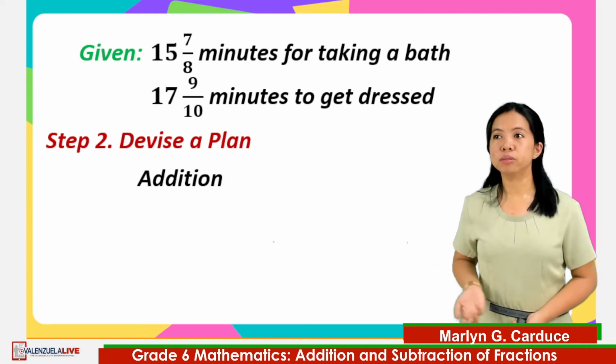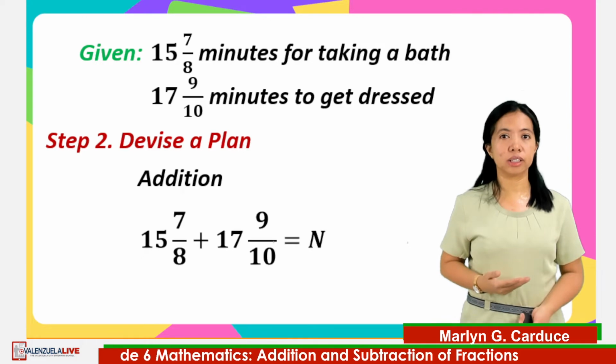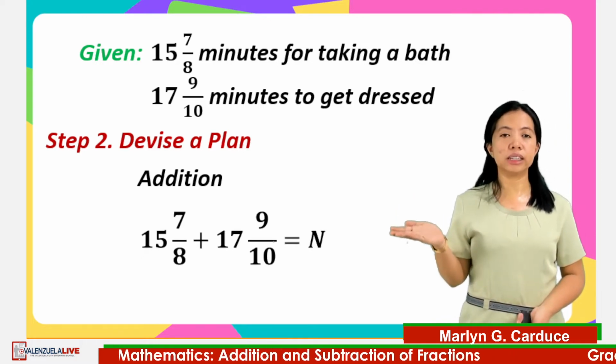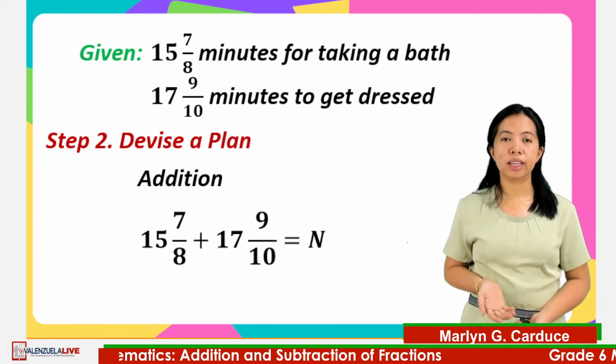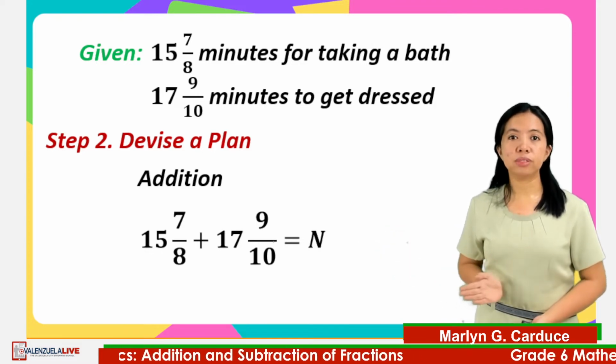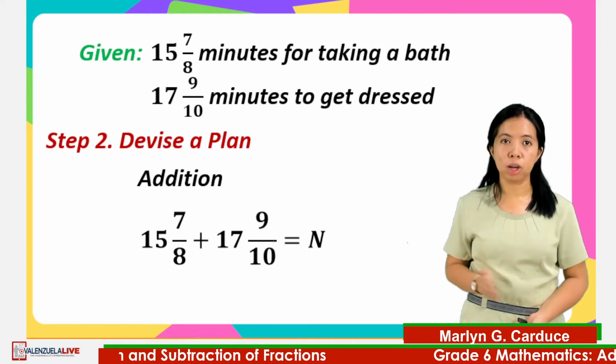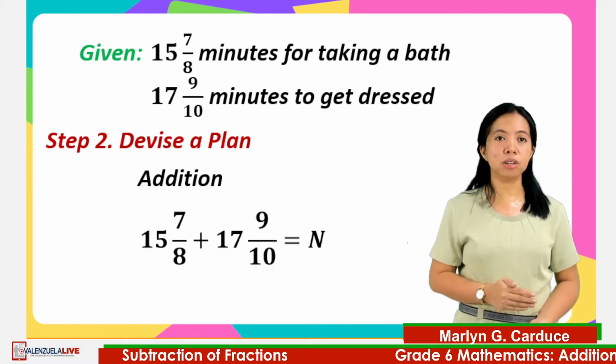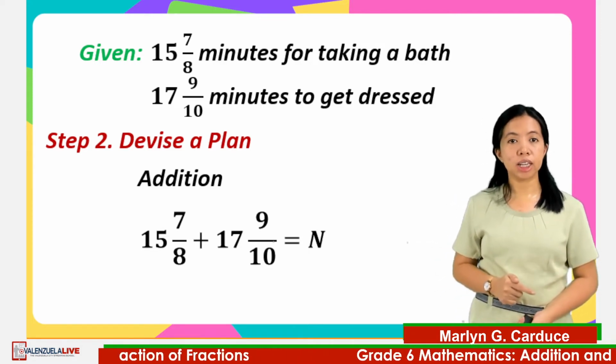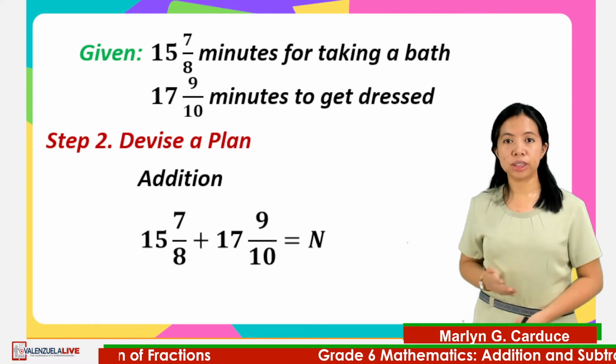So the operation will be addition. So let's add the given fractions. So 15 and 7/8 plus 17 and 9/10 equals n, where n is the number of minutes Erica takes to get ready for the breakfast.